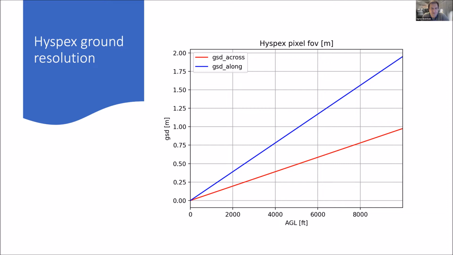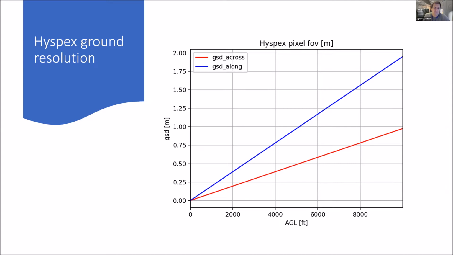So the along track ground resolution is half the across track ground resolution. To give you numbers, from 3,000 feet, which is a typical altitude we fly at for having high resolution data, we have 30 centimeter ground resolution across track and 60 centimeter ground resolution along track.